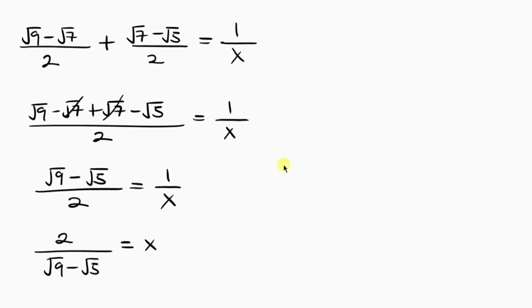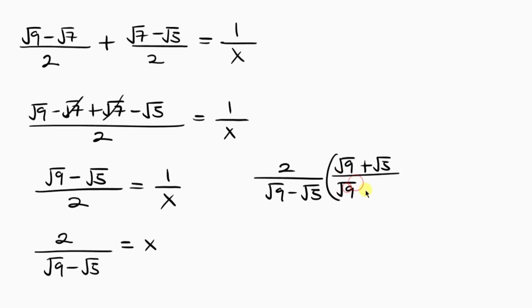I have 2 all over the square root of 9 minus the square root of 5. So rationalizing, the conjugate of the square root of 9 minus the square root of 5 is the square root of 9 plus the square root of 5. Remember, I have to change the sign. So all over the square root of 9 plus the square root of 5. So that's it.